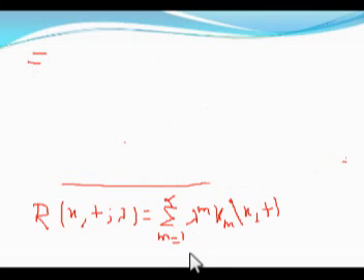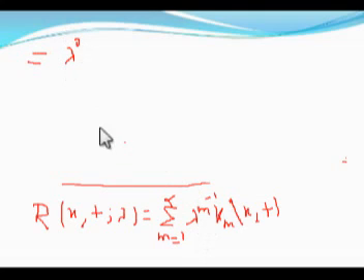So m is equal to 1. We will get lambda to the power m minus 1, so we will get lambda 0.